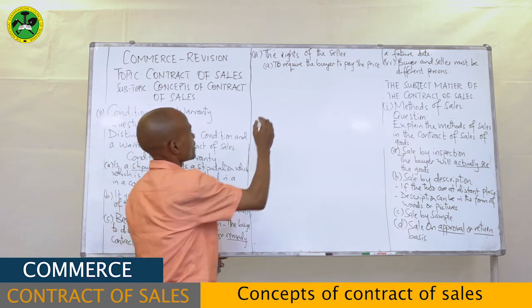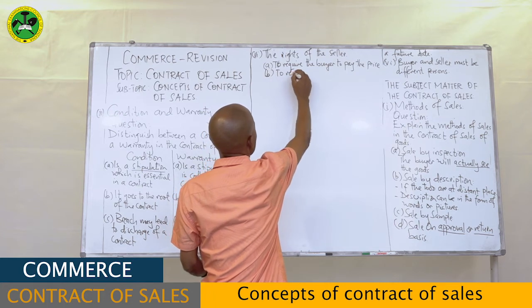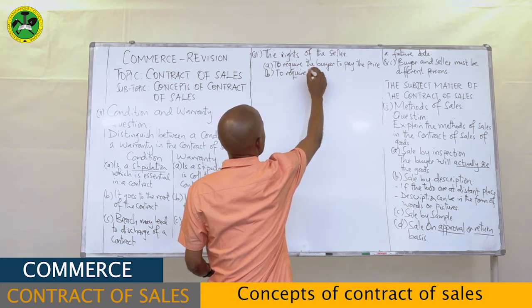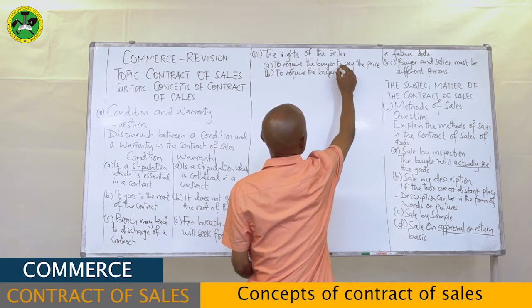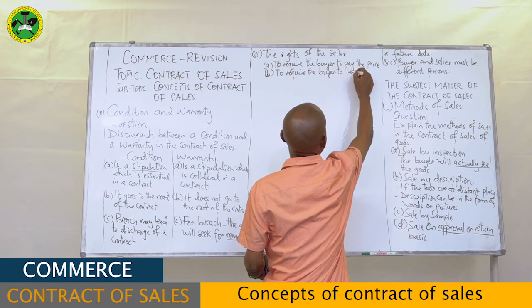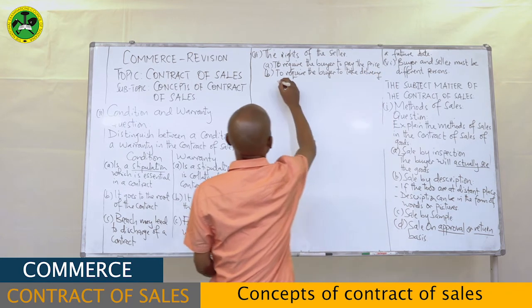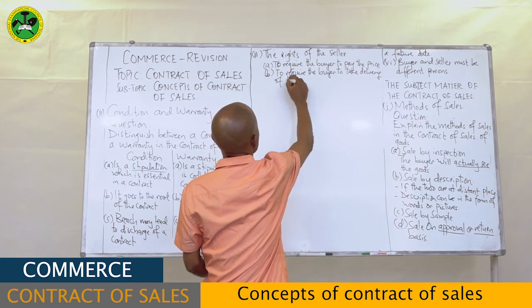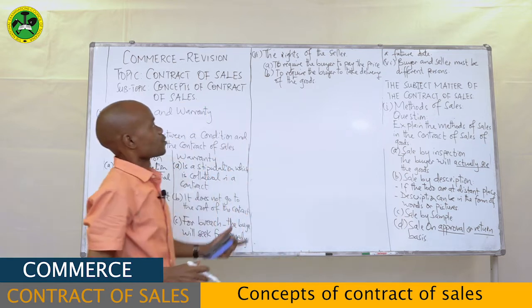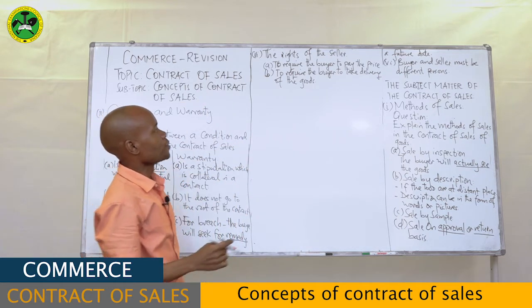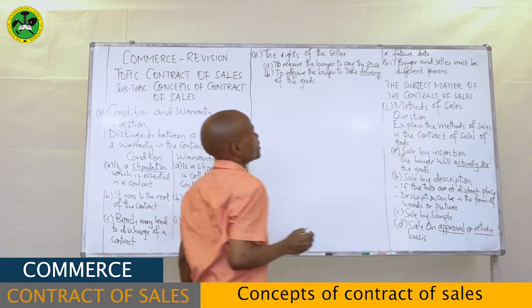Then another right, to require the buyer to take delivery of the goods. So here we have the two main things, price and delivery.